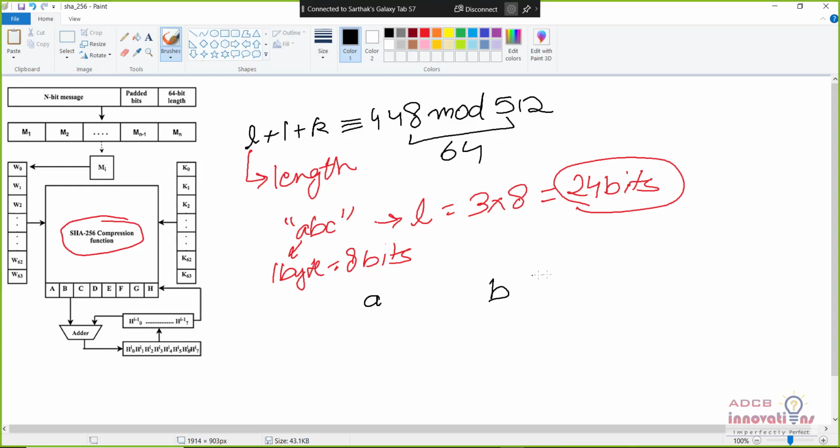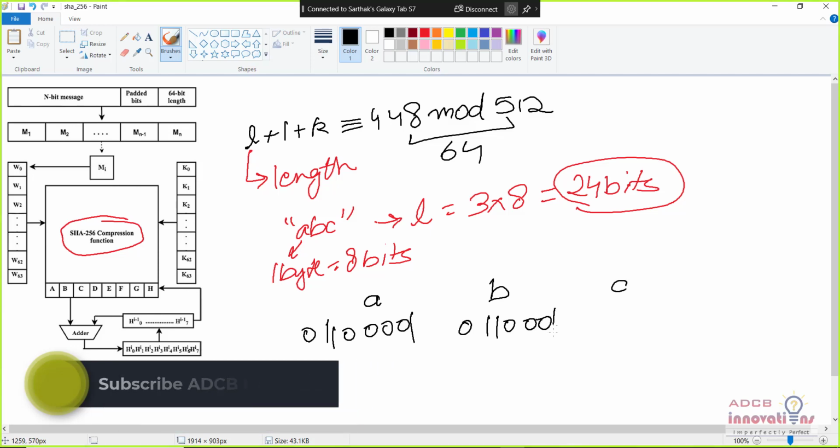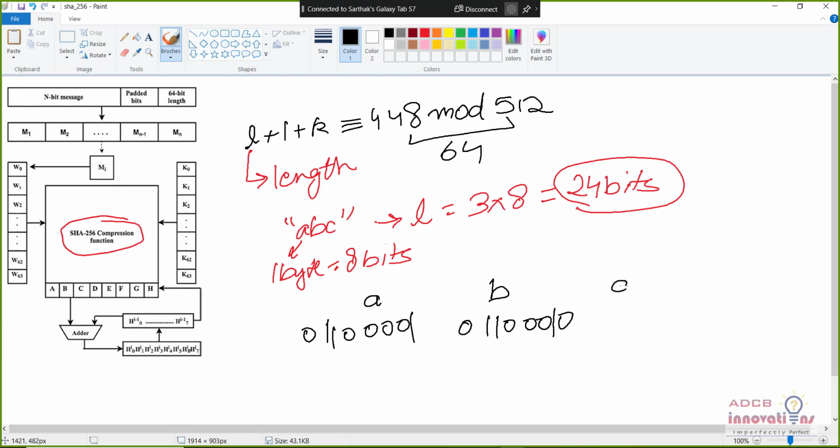We can also write A, B and C in binary. A is represented like this, B is represented like this, and C is represented like this.